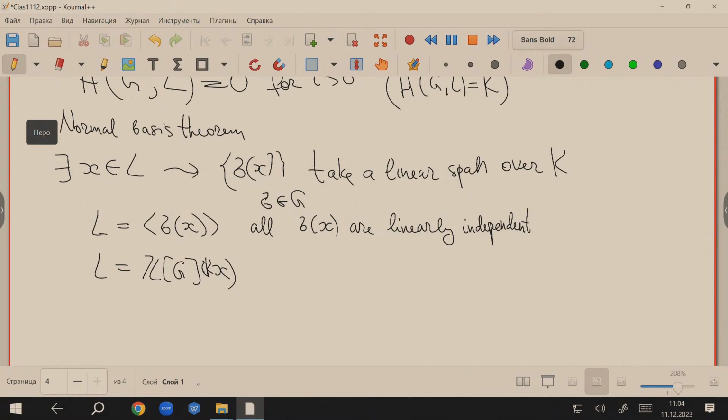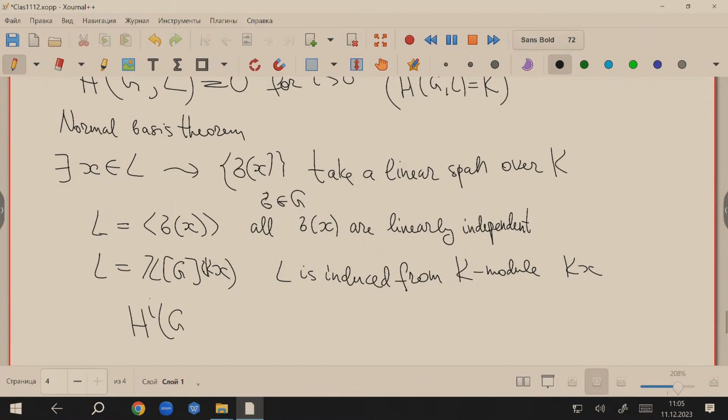This means that L is induced from the K module Kx. And this implies that if you want to calculate the cohomology of L, it is nothing but taking the cohomology of the induced module.